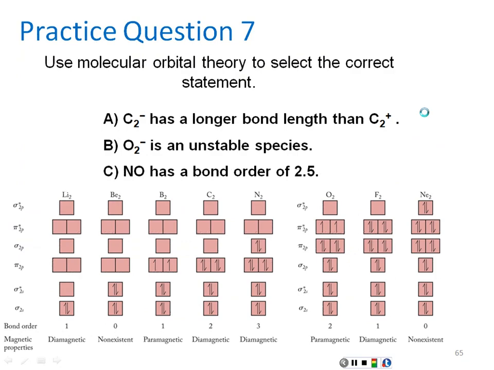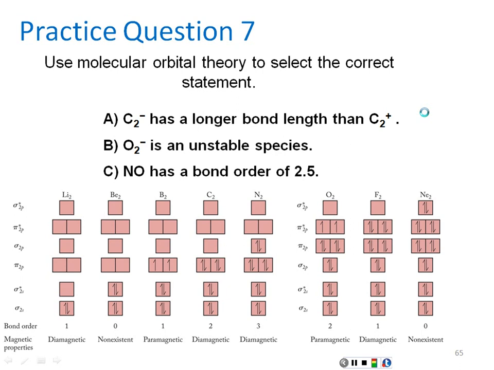So that brings up another type of question we can ask. Is a cation or an anion more stable than the uncharged species? Are they less stable? Are their bonds longer or shorter? Are their bonds stronger or weaker?